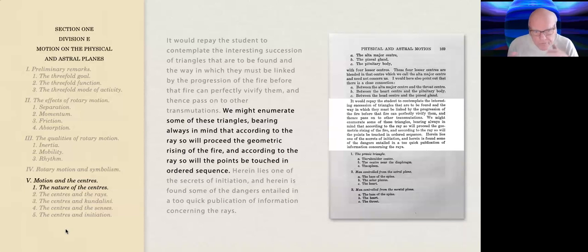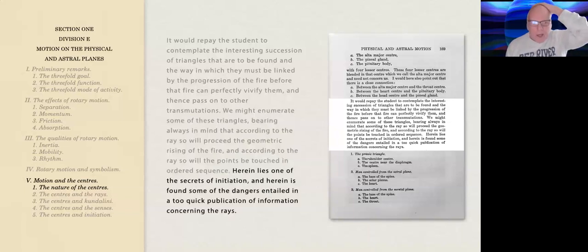The geometric configurations caused by the direction of energy flow between these triangles and the 7 major centers is, we're here told, determined by the ray configuration of the disciple. It is probably the 3 major monadic rays that are in play here, but no further info on this subject is given anywhere that I could find.